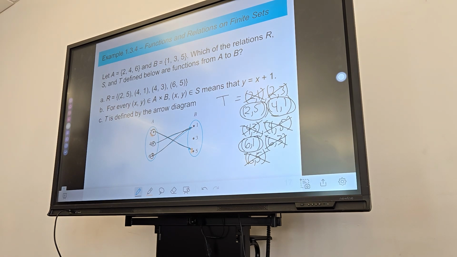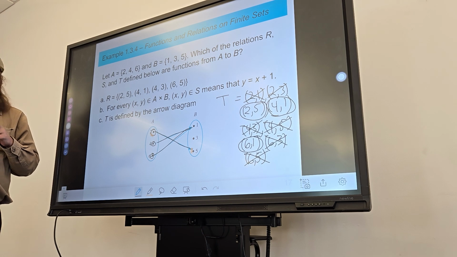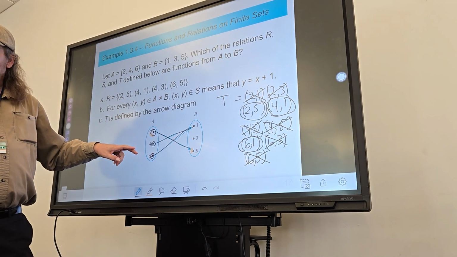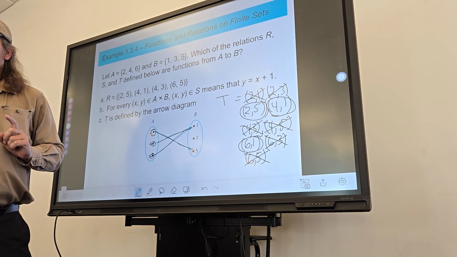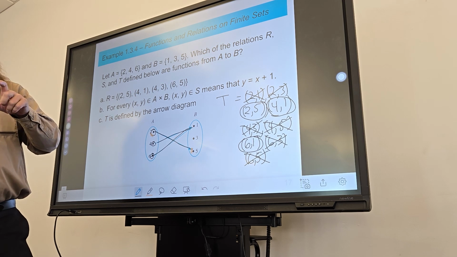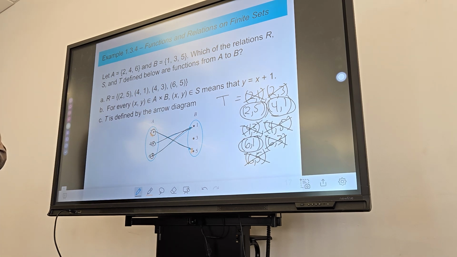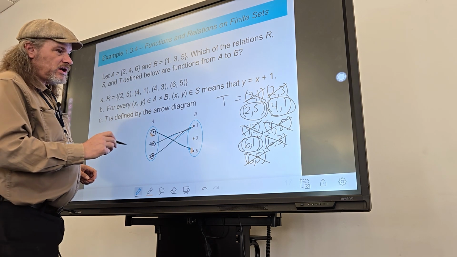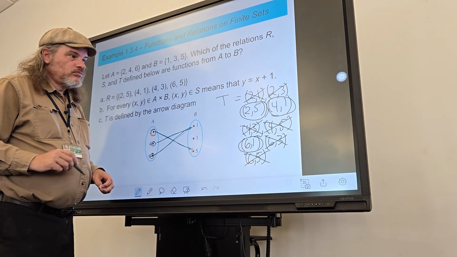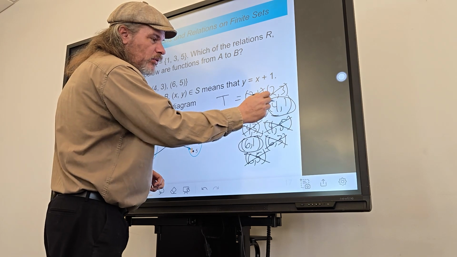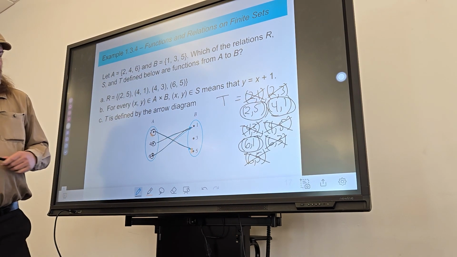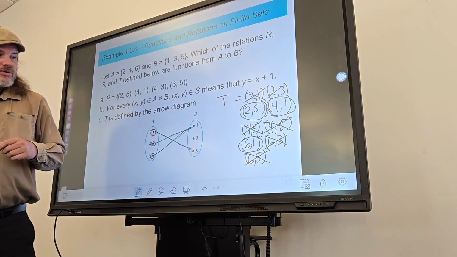The second condition for a function is for each element of X, there's only one ordered pair that has that value as the first element. So there's only one ordered pair with the number 2 as the first element, only one with the number 4, and only one with the 6.